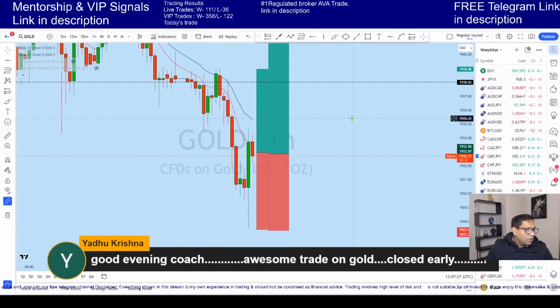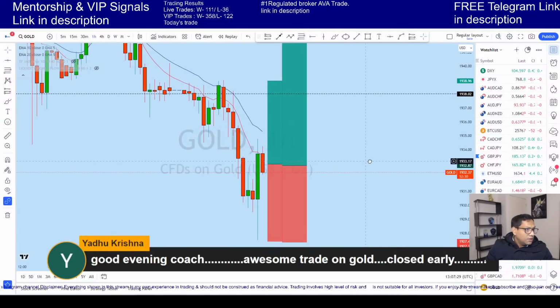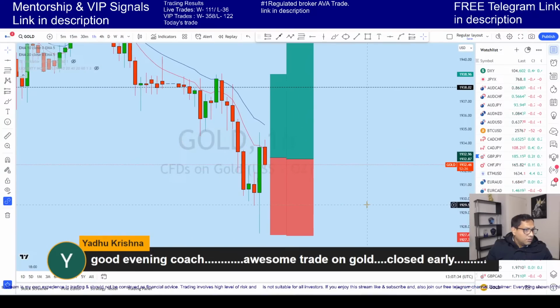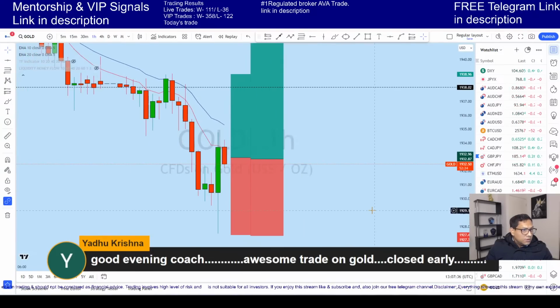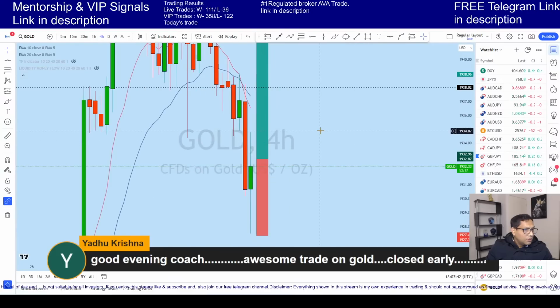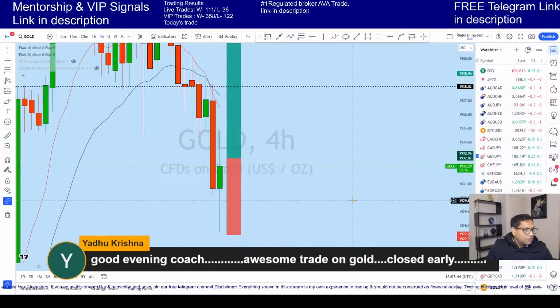So from the 1 hour, we have seen that the market closed with this 1 hour candle. You see that the 4 hour is getting rejected.